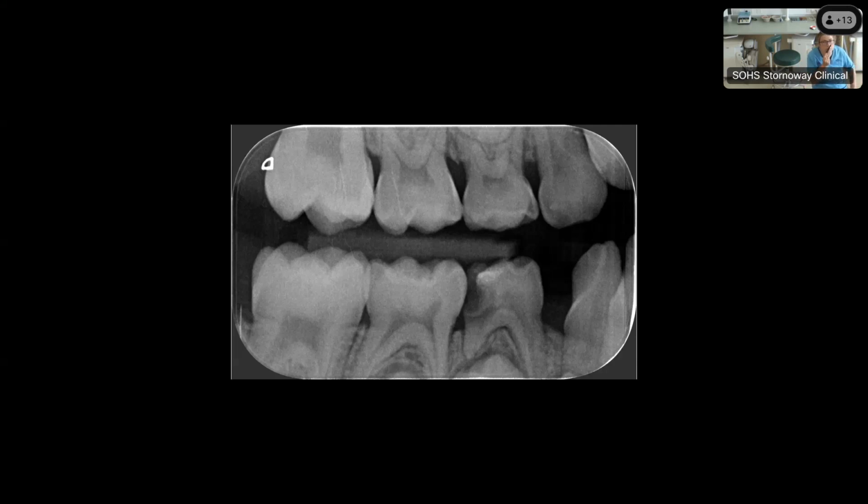Root resorption. Let's stick some hands up, please. Flora. You can also see the crown of the 4/4, a slight crowning of the 4/5. Yes, 4/5, and possibly you can see the 1/4 crown as well.